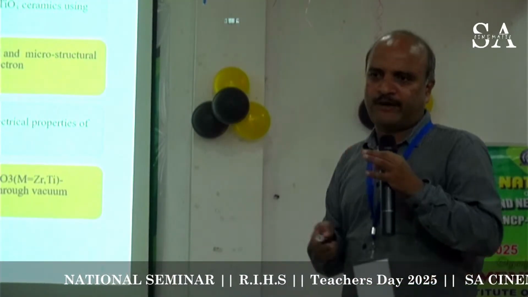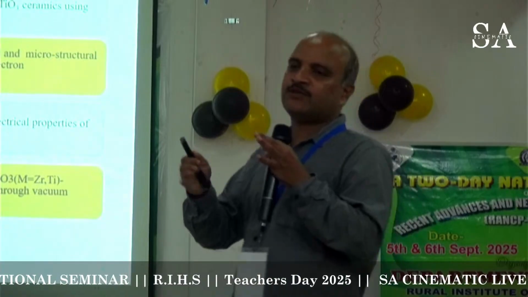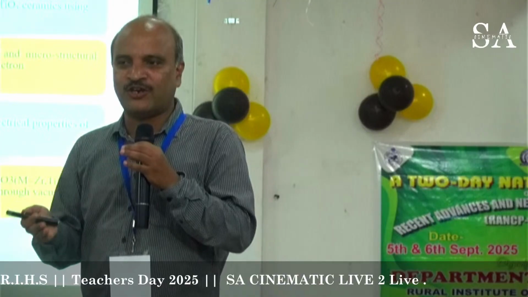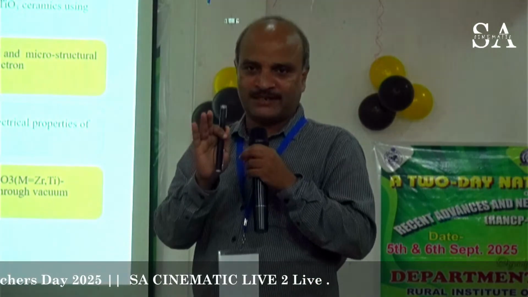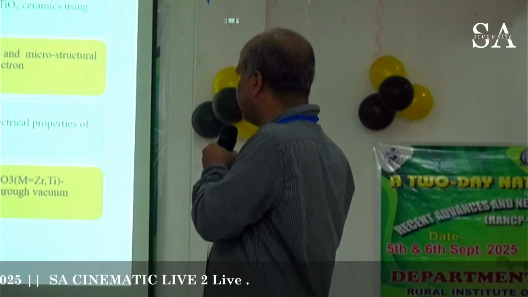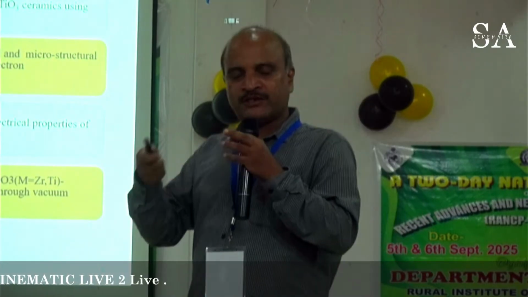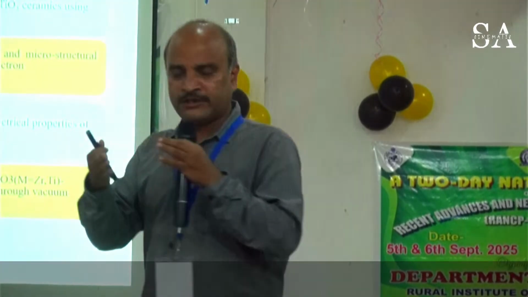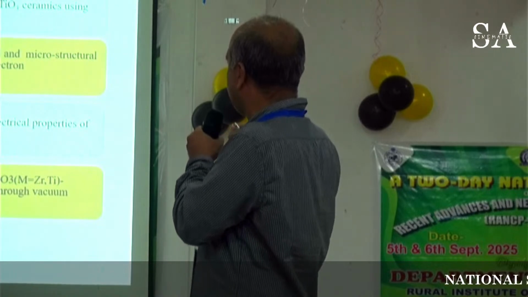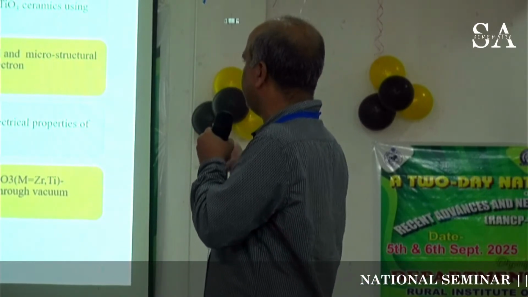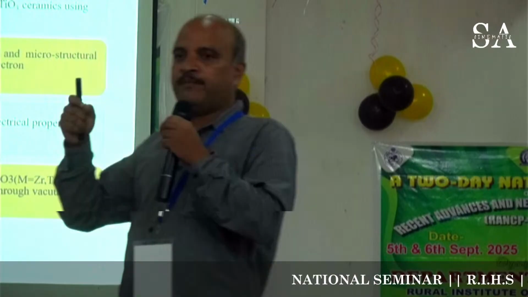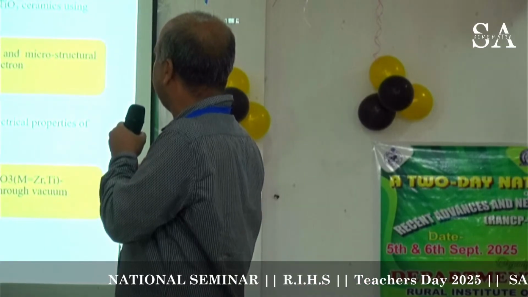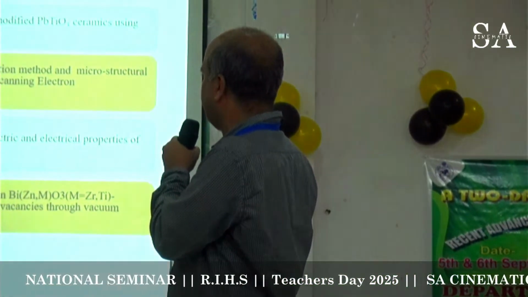What is the objective? I have synthesized the bismuth oxide and lead titanate. Lead titanate is also an oxide, like bismuth oxide, so we can modify this lead titanate. Again, in this bismuth oxide, Zn and M can be replaced by Zn and Ti, another two metals.